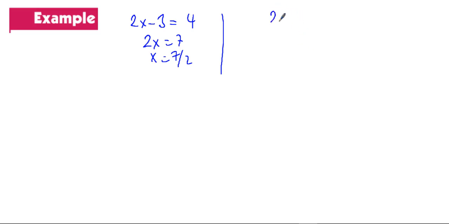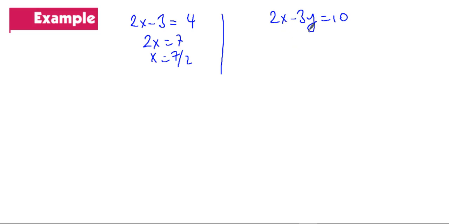Okay. For example, let's go with analyzing some linear equations. If I ask you this type of question, 2x minus 3 equals 4, we know it's easy to solve, right? There is one equation, one unknown, so we know how to solve it. It will be 7, so x will be 7 by 2. But if I change it, let's say 2x minus 3y equals 10, what will be the results here? Here I have an underspecified equation.